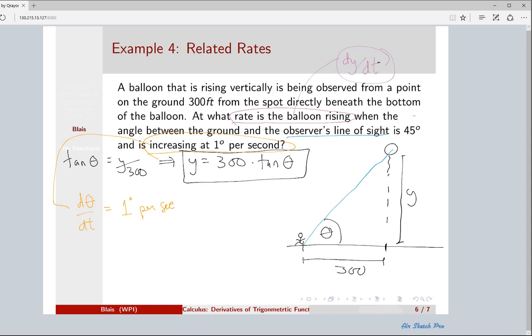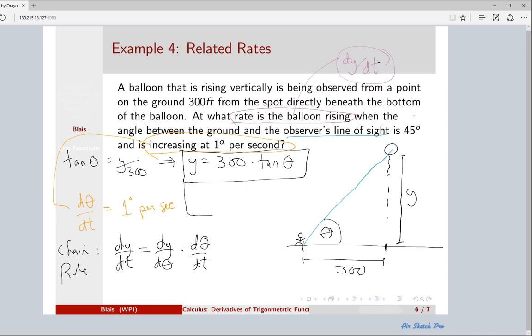So what we want to think about is our chain rule. So our chain rule is that dy dt is, and theta is our intermediate variable. So t is our independent variable, theta is our intermediate variable, and y is our dependent variable. So dy dt is dy d theta times d theta dt. dy d theta we can get from here.